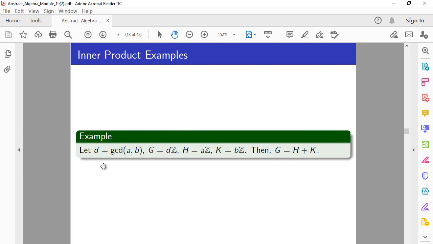Here's an example. Let's say that the group G is DZ.